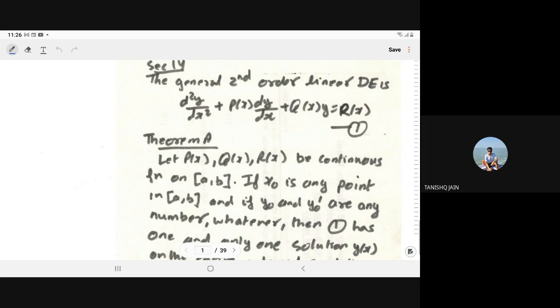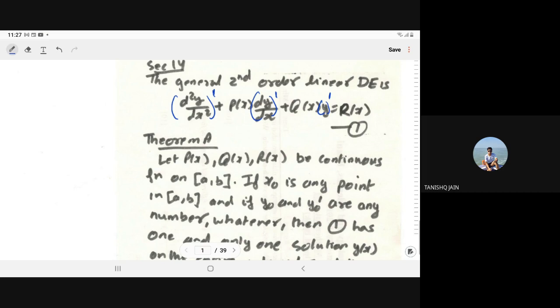In the very first lecture, I told you what a linear equation is. A linear equation means we have all the power 1 of the dependent variable and its derivatives, and there is no multiplication of the derivatives and dependent variable.